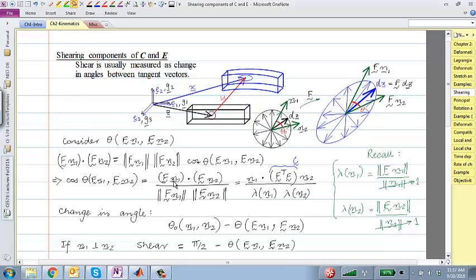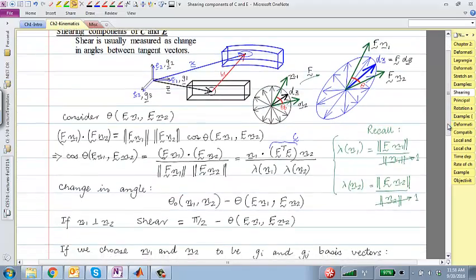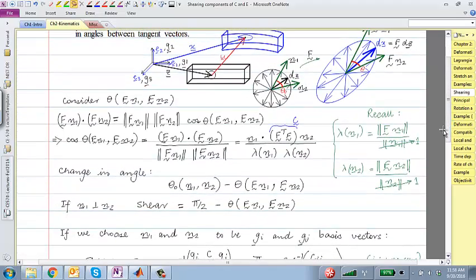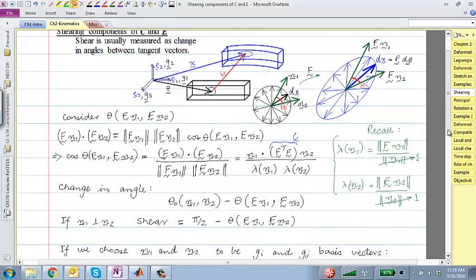On top, we still have Fn1 dot with Fn2. Again, using the definition of the transpose of F, I can write that as F transpose F, and that's just C. So that just gives me the cosine of the angle between the final deformed tangents.